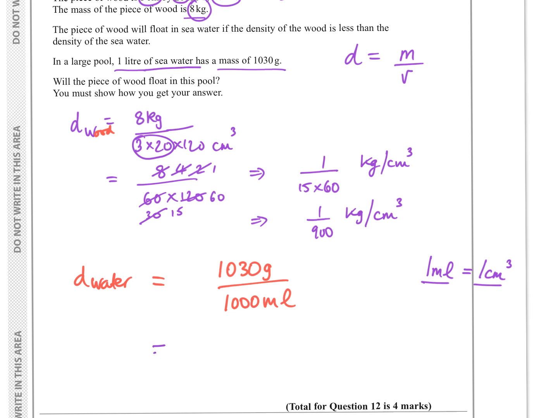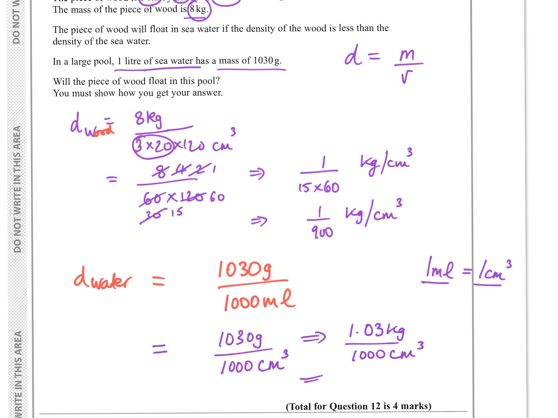So what we've got here is 1030 grams over 1000 centimetre cubes. And all we've got to do is convert the top number to kilograms. Well, that's easy enough. That's 1.03 kilograms per 1000 centimetre cubes.